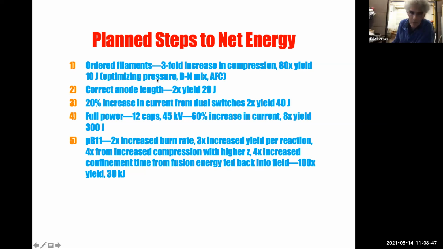Assuming, of course, we optimize the pressure, the deuterium-nitrogen mix, and the total angular momentum that we impose with the axial field coil. So our first goal is to get all the way up to 10 joules. Our previous record is 1/4 joule, and with the beryllium, we were only at 1/8 joule. So that's the big step, which we hope we can take with this experimental series.